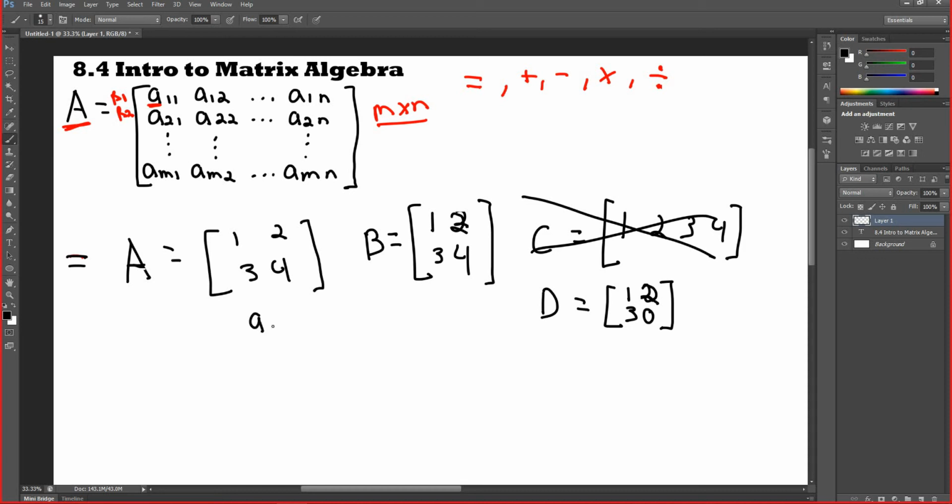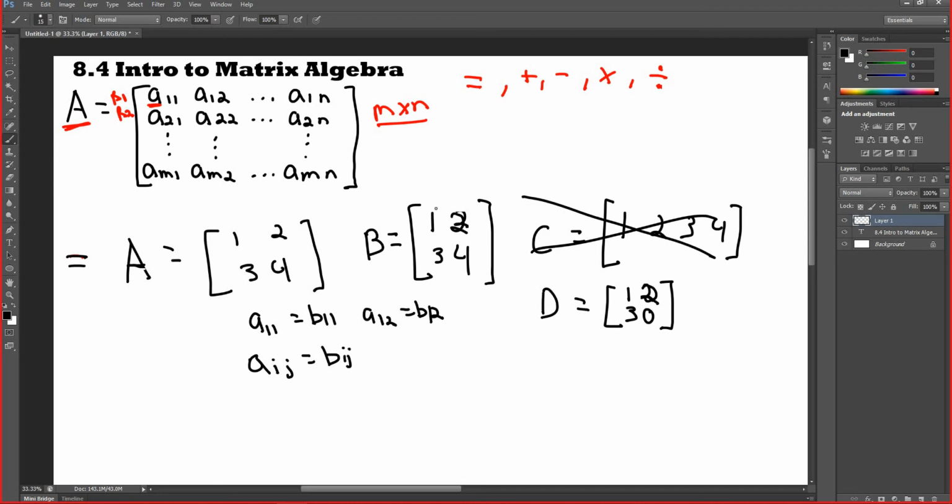So A11 has to equal B11, A12 has to be equal to B12. So essentially every a_ij has to be equal to every b_ij.